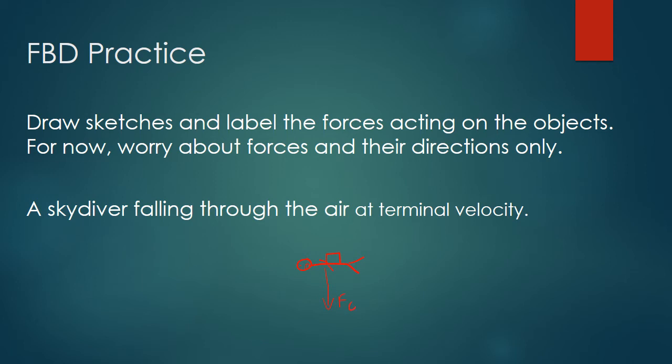And terminal velocity means that air resistance is equal to gravity. The force due to air is equal to the force due to gravity. And that means that this skydiver is no longer accelerating downward. The skydiver is going really fast, but at a constant velocity downward.